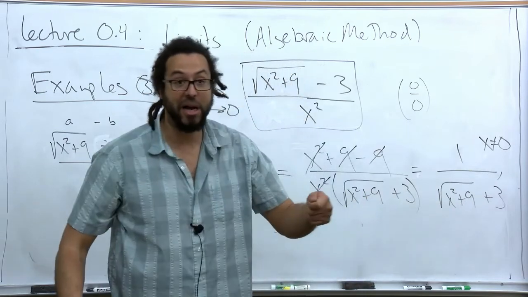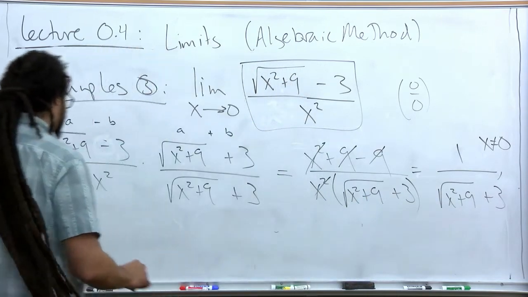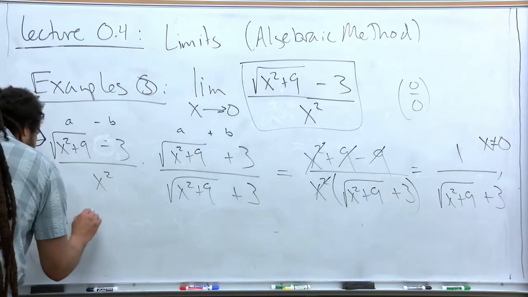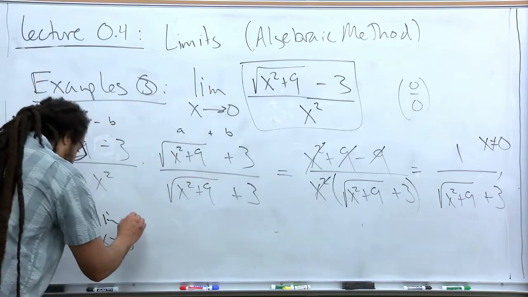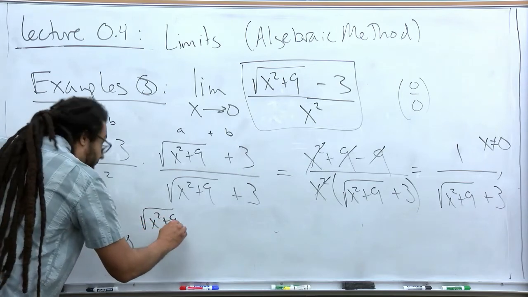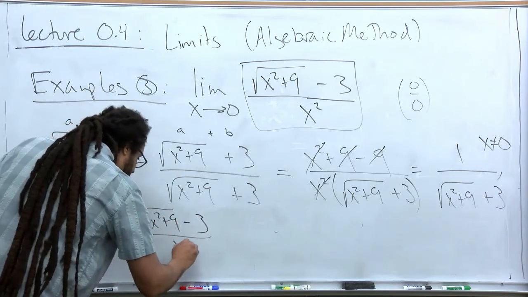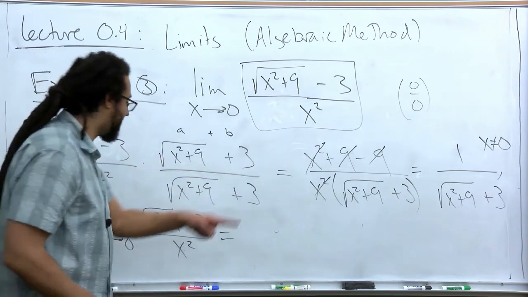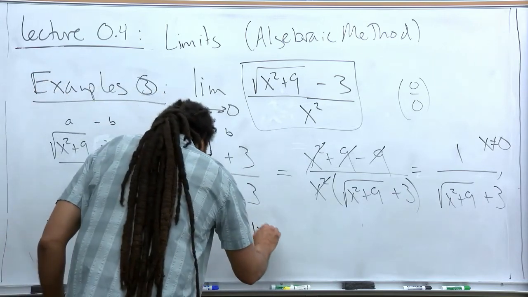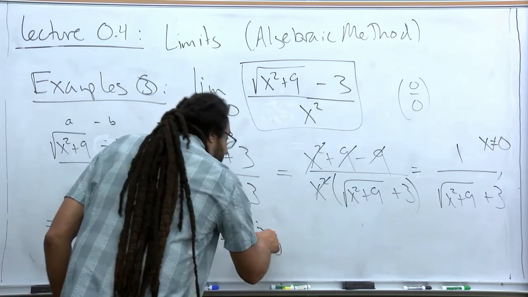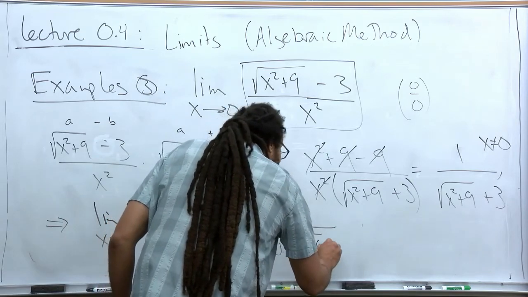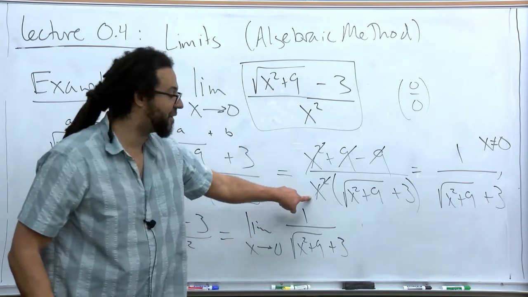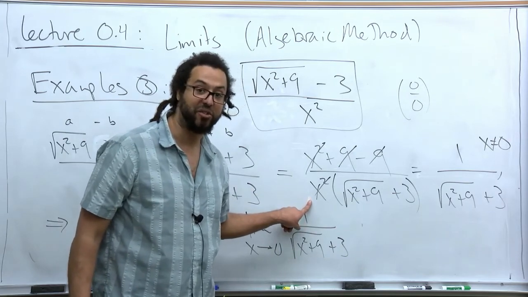So now we can apply the fundamental limit law. That tells me that the limit as x approaches 0 of this thing is the same thing as the limit as x approaches 0 of 1 over square root x squared plus 9 plus 3. And notice we have gotten rid of the troublesome factor x squared, right?